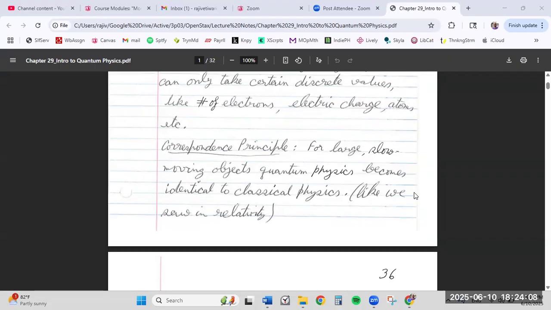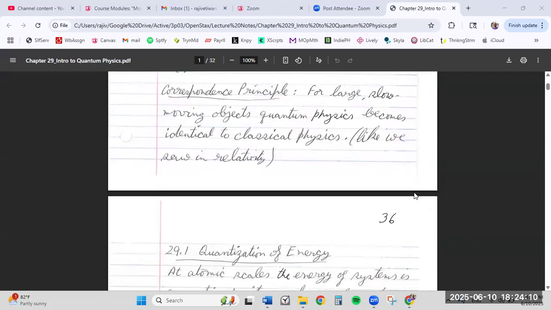In relativity, we learned that at speeds which are much smaller than the speed of light, the equations of relativity go back to what they were in classical physics. And a similar idea is valid in quantum physics as well, and this is known as the correspondence principle.